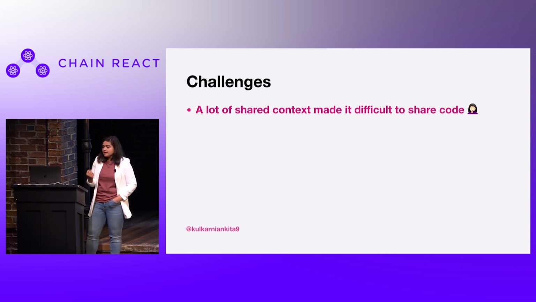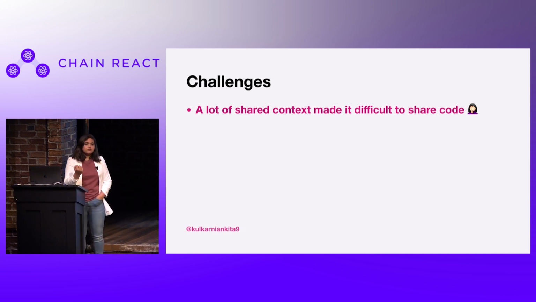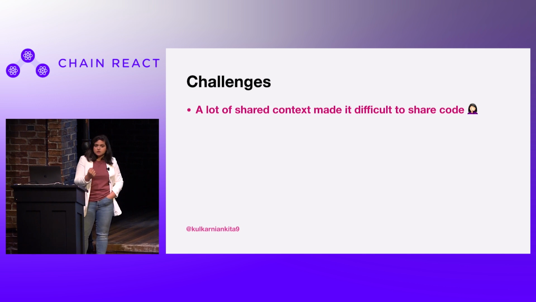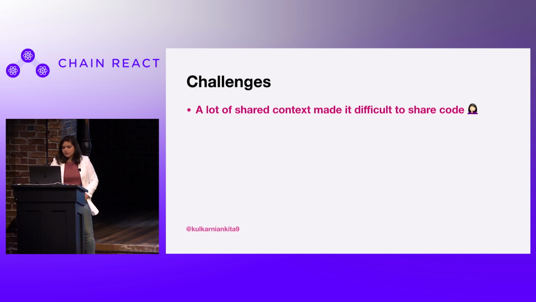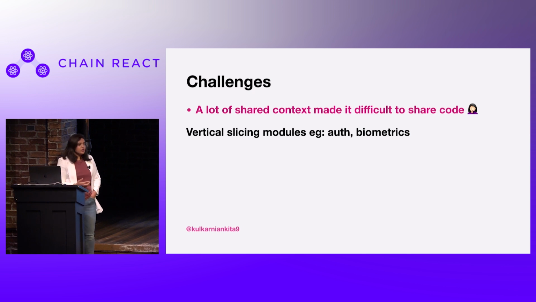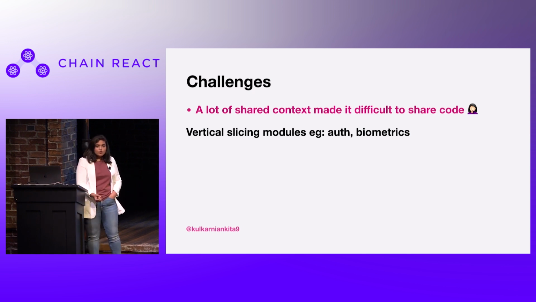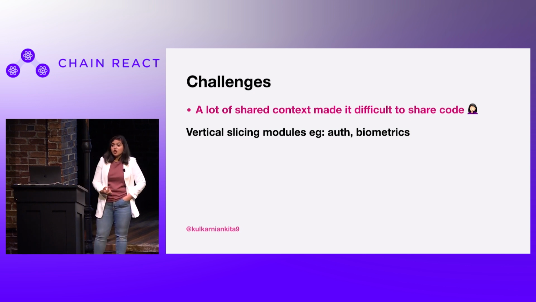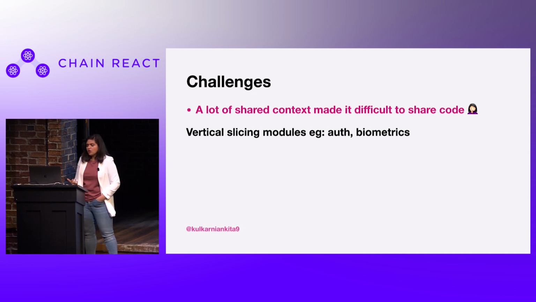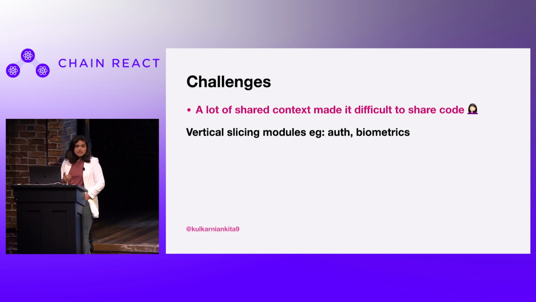In that case, that specific service is not common to one screen. It can be everywhere. That's why we started vertical slicing the modules, like authentication, biometrics, logout, and so on. And this really made it easy for us to share code.